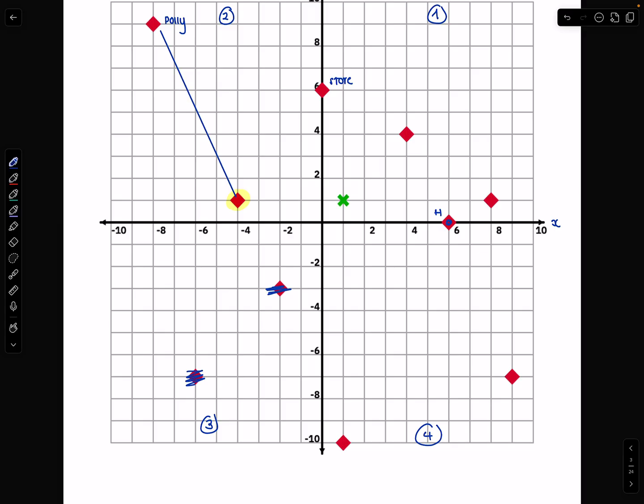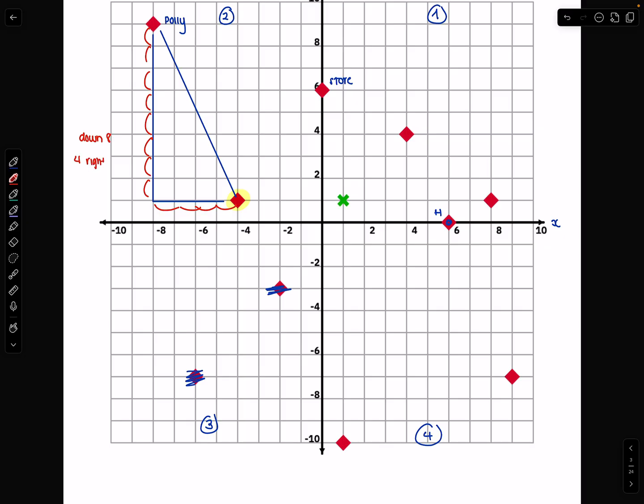Well, I can just follow the grid, right? I can go down a certain number of steps. I can go to the right a certain number of steps too. So how many steps do we go down? 1, 2, 3, 4, 5, 6, 7, 8. So we went down 8. And 1, 2, 3, 4. 4 right.